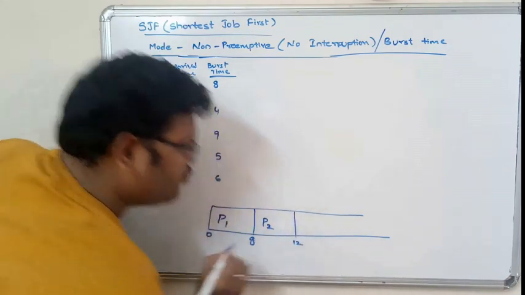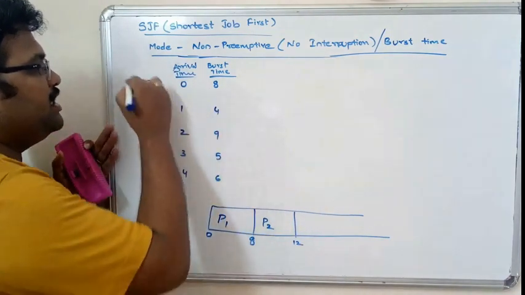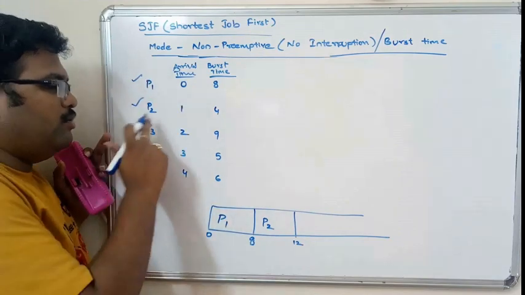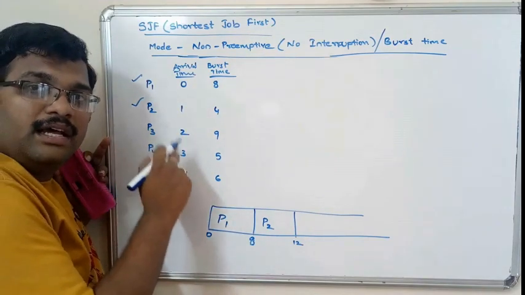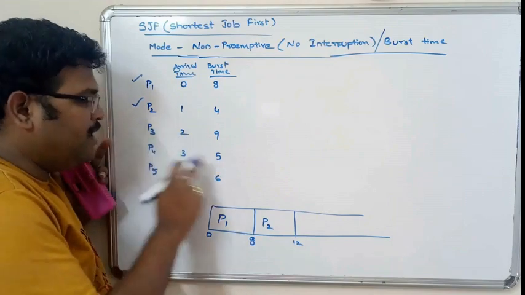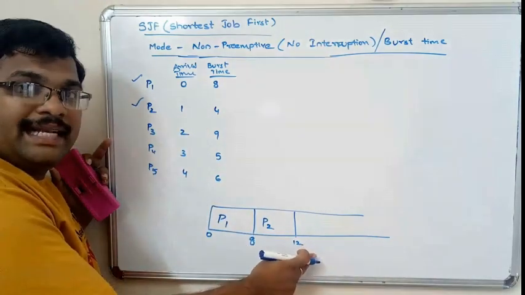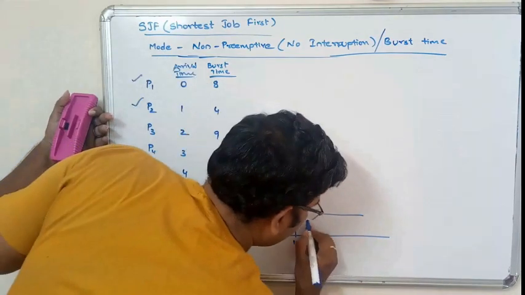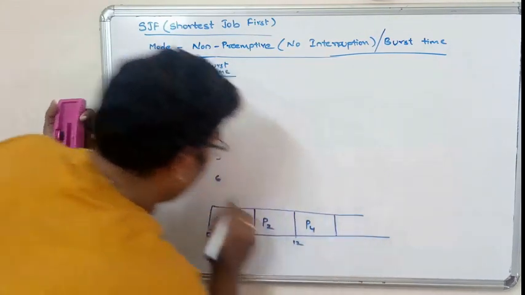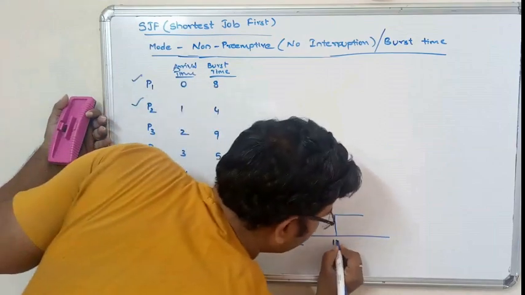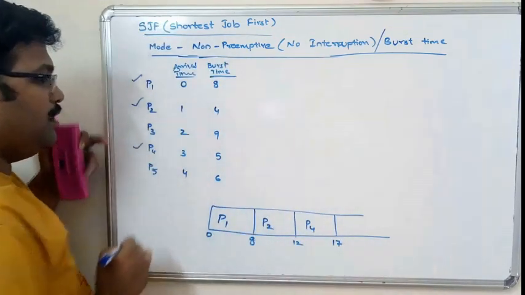With 4, it ends at 12. Now there are 3 processes available in the ready state. Among them, P4 has the lowest burst time, so P4 is allocated to the CPU. P4 with 5, so it's 17.